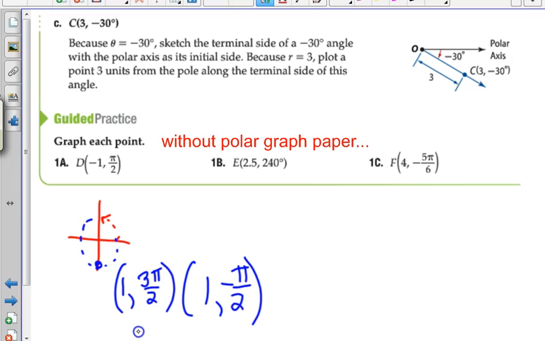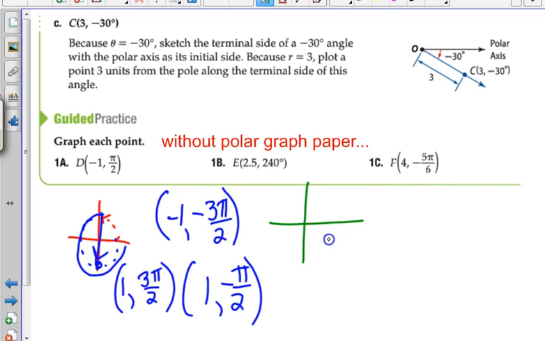Anybody want to try the negative negative? If you backed up 3 pi over 2, so you went all the way around to here, and then backed up 1. Crazy. Okay, that's a pretty easy one to understand. That's why I did that one.